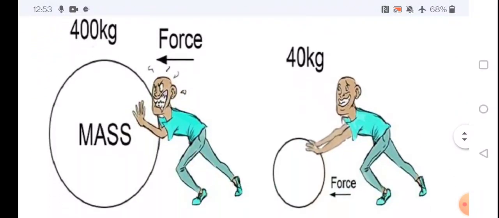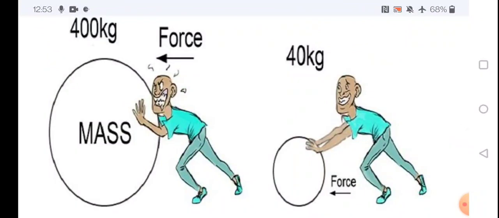That is, this ball's acceleration is very low because its mass is not very low. The acceleration of that ball of 400 kg depends on the mass and force. If he is applying more force for the 400 kg ball, the acceleration of that ball is high.